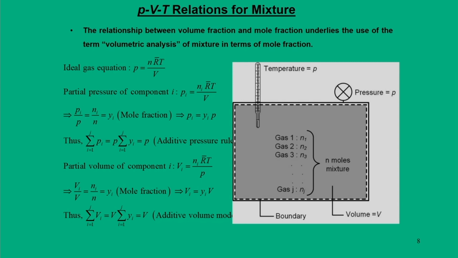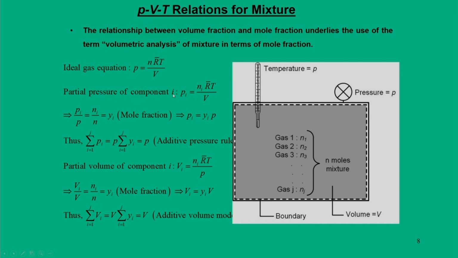Now, considering the same concepts, as we did for calculation of mole fraction, mass fraction and molecular weight, we will try to see how to find out the partial pressure of the component. In a mixture, this mixture behaves as an ideal gas model. So, we can use the ideal gas equation P is equal to N R bar T divided by V, the total volume. Then we can write this equation for the component i.